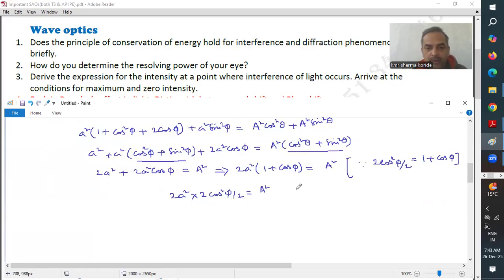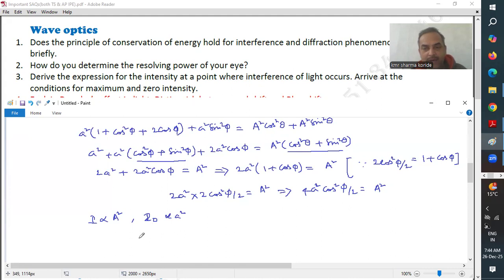So altogether it is 4A squared cos squared phi by 2 is equal to A squared. We know that the intensity of the wave is directly proportional to the square of the amplitude. So the intensity of the resultant wave is directly proportional to the square of the resultant amplitude. Similarly, the intensity of the incident waves before they interfere on the screen is directly proportional to the square of the amplitude.